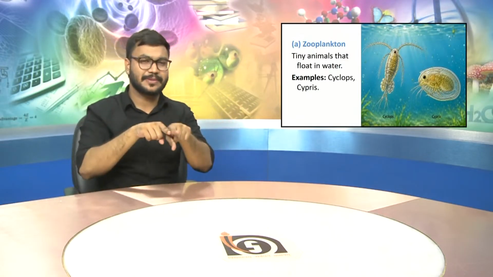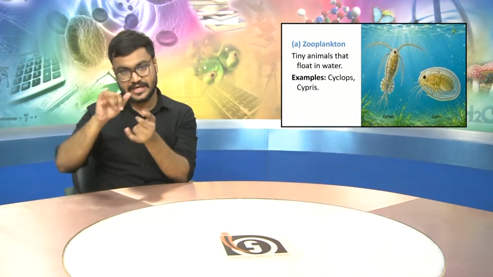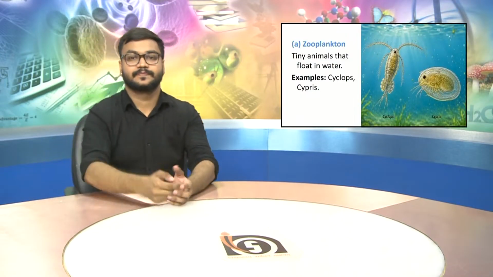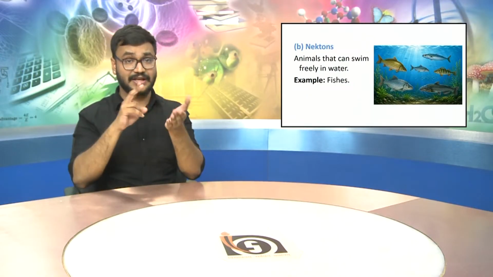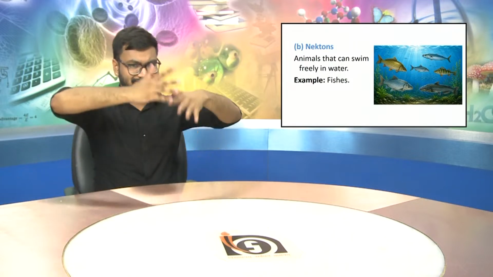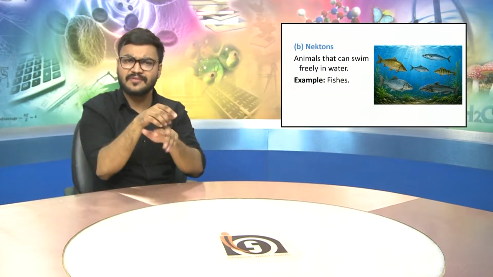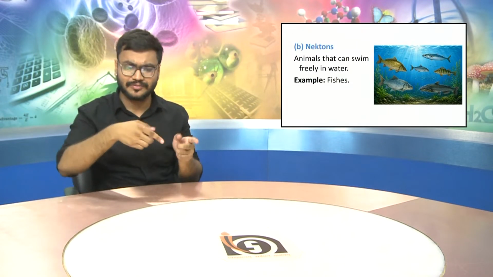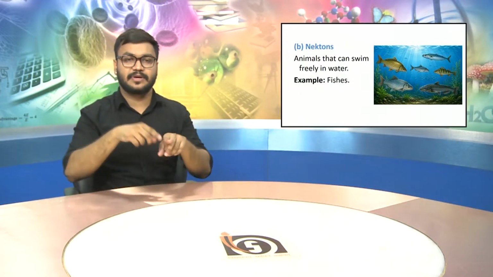For example, cyclops and cypris. Nektons are animals that can swim freely in water. For example, fishes.